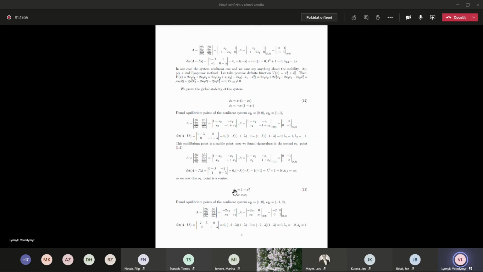Okay, the next example: x1 dot equal to 1 minus x1 squared, x2 dot equal to x1 x2, and we found the equilibrium points of the system. The first is (1, 0), and the second one is (minus 1, 0).